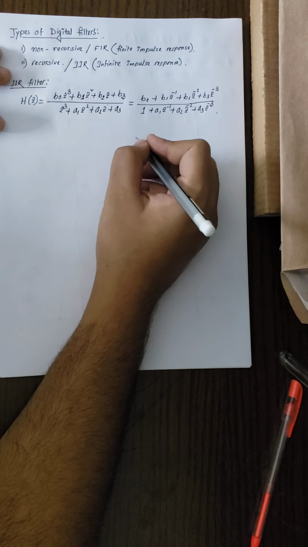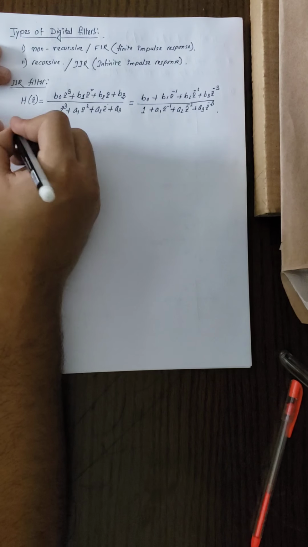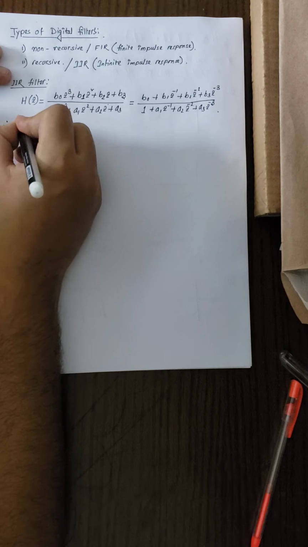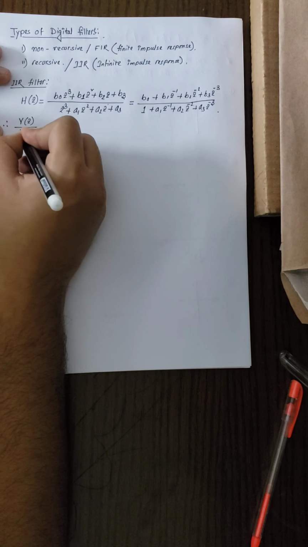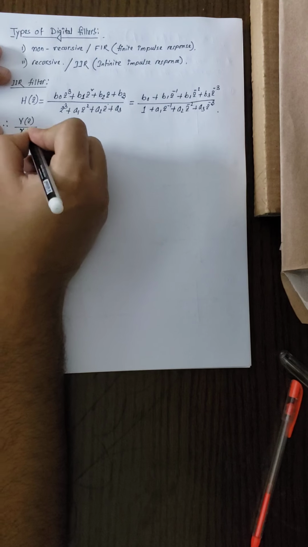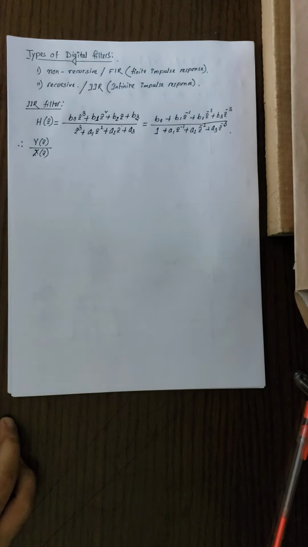Now, from here we can determine the corresponding difference equation. To do so, we can write H(z) as Y(z) over X(z), where Y(z) is the output and X(z) is the input.